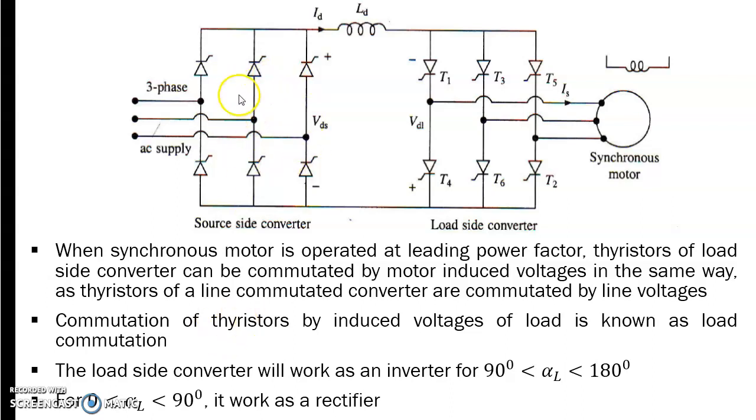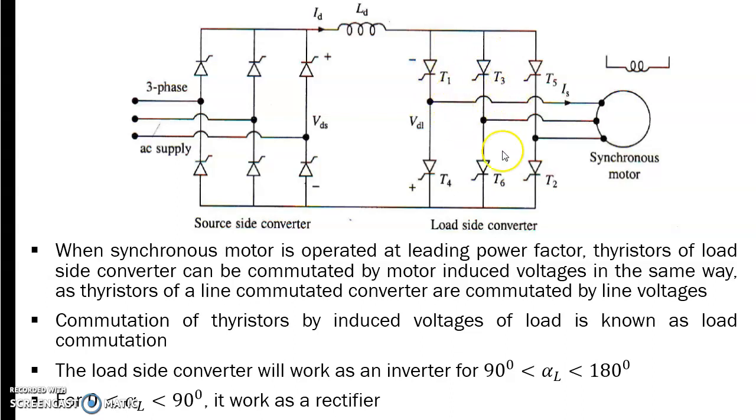The condition is that it acts as a rectifier for a firing angle between 0 to 90 degrees, and as an inverter for a firing angle of 90 to 180 degrees. In a similar way, this converter also acts as a rectifier for a firing angle of 0 to 90 degrees, and for 90 to 180 degrees it acts as an inverter.